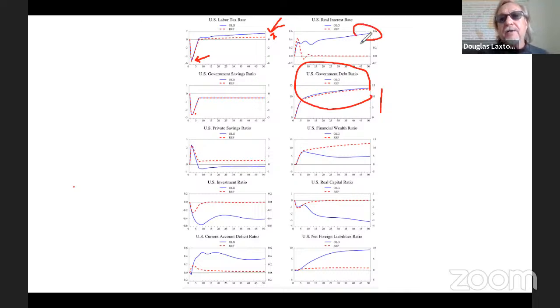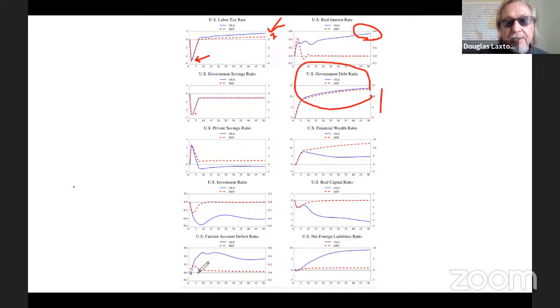So you see the real interest rate in the US and in the world rises by just under 60 basis points, or 0.6 of a percentage point. Okay, so the other thing is you can see that the private saving ratio does rise, okay, but does not rise as much as the government saving falls.